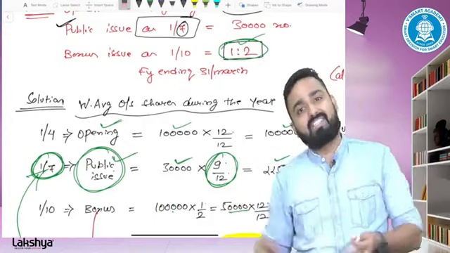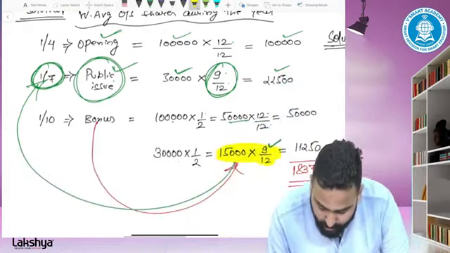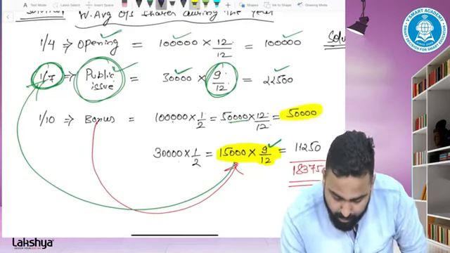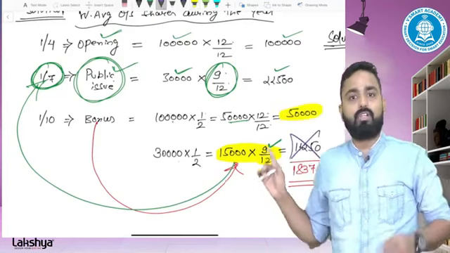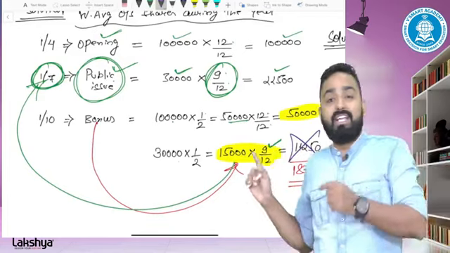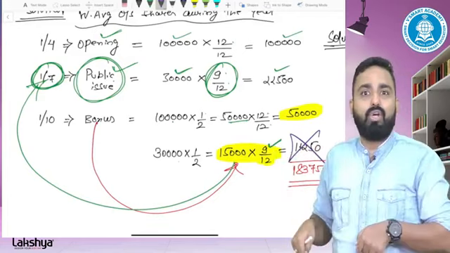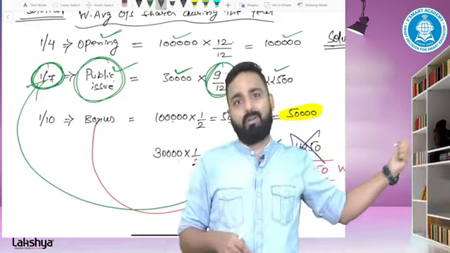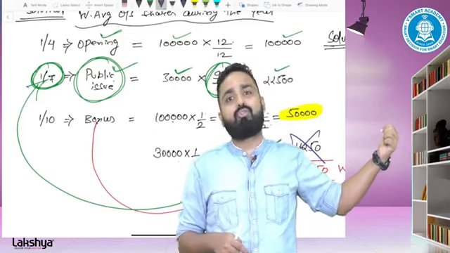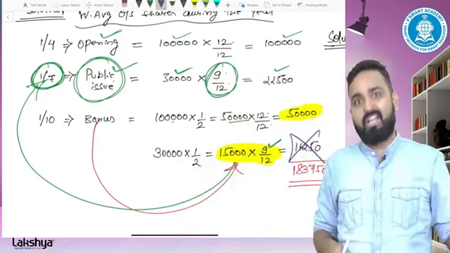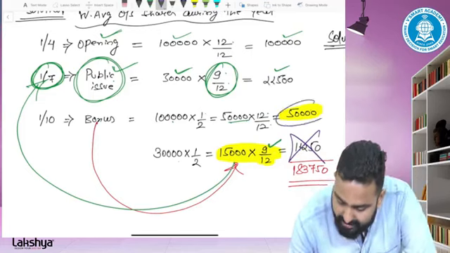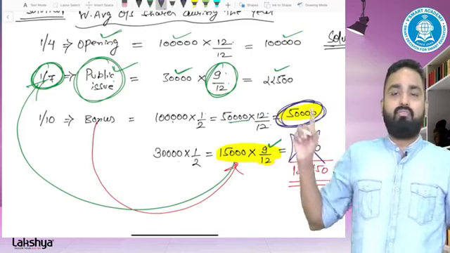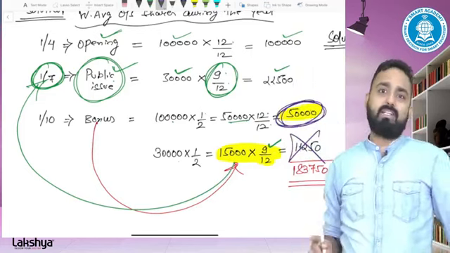As far as last year is concerned, we'll consider only the 50,000 bonus, not this one, because this one is in respect of the current year public issue, and the current year public issue was not there. So for last year's working, I will take only this much from the beginning of the earliest period presented.